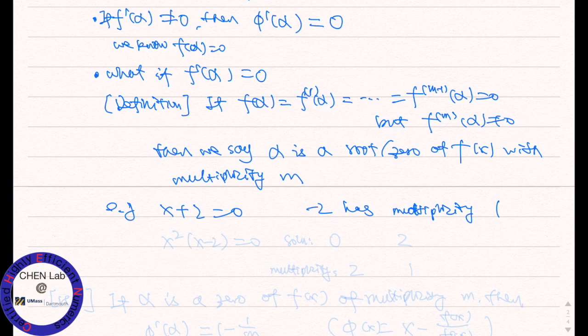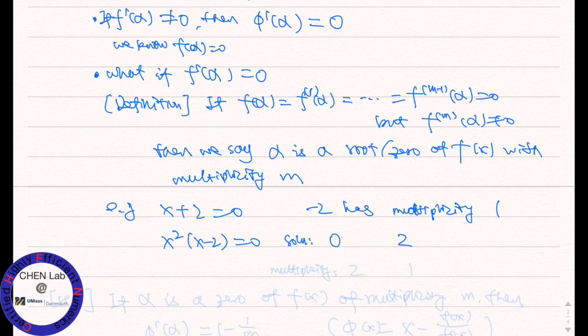Say if you have x squared times (x minus 2) equal to 0, then we all know it has two solutions, 0 and 2.